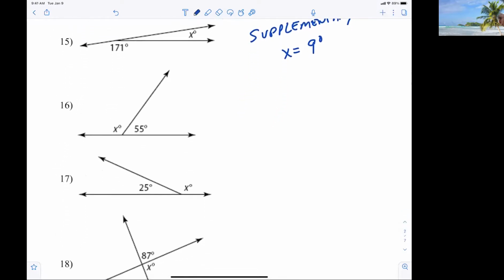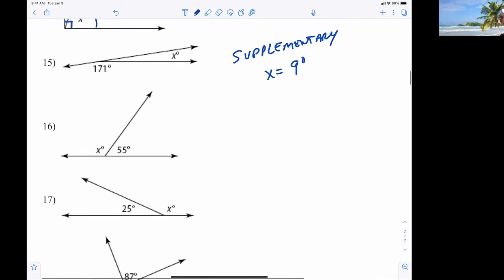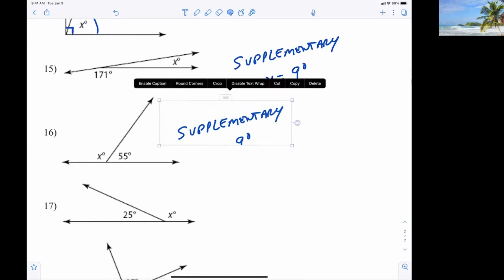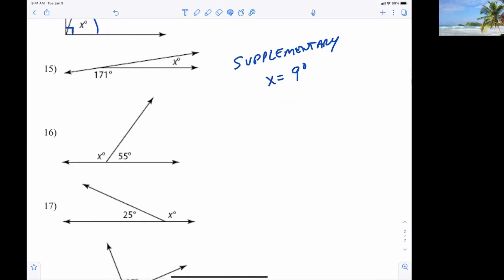Uh-oh. 16 is also what? And good job. So definitely supplementary. And X would equal, what did you say? 125. Anybody have any issues so far?